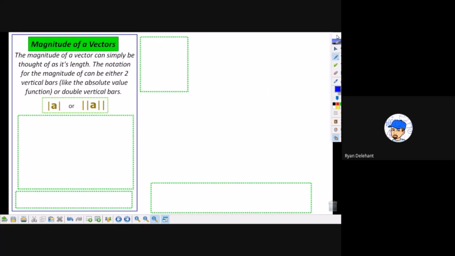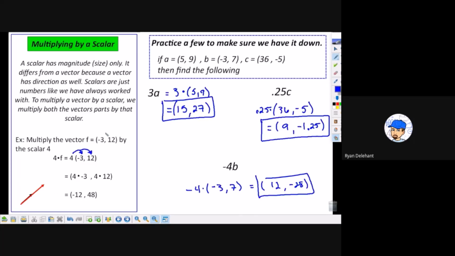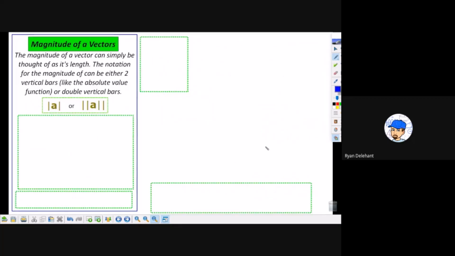All right, so magnitude. What we've looked at so far with these vectors, let's take 5, 9. We've talked about that we can graph this.